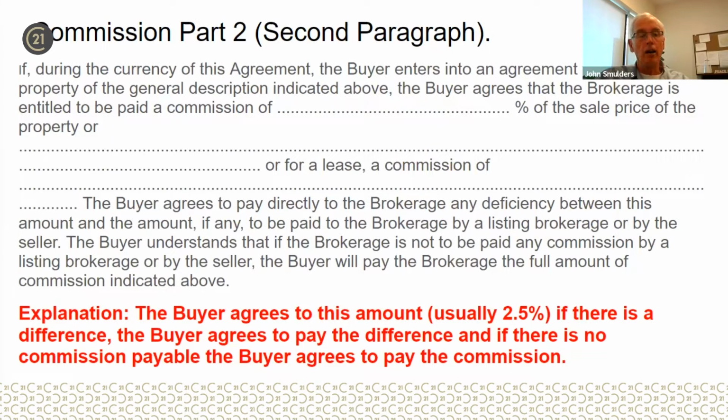Now, in all my years, I've never seen anybody do that. I've never seen 2.5 here, 2.25 on the MLS data sheet, and anybody go after the buyer for 0.25. I think you would pretty much wreck your relationship with the buyer right away.